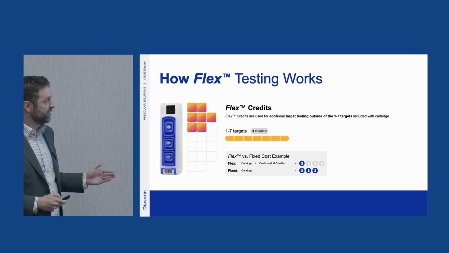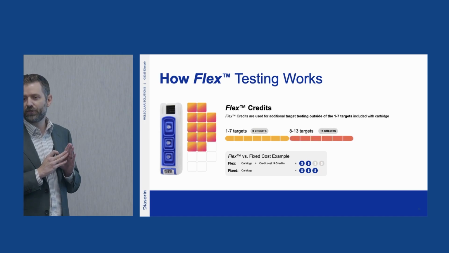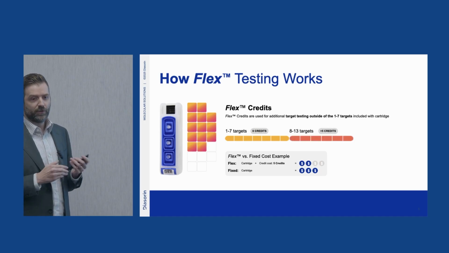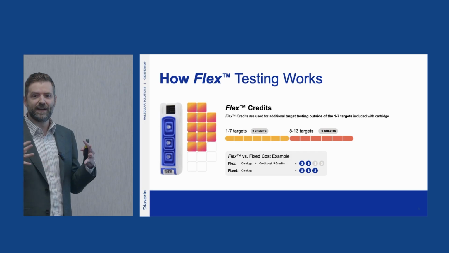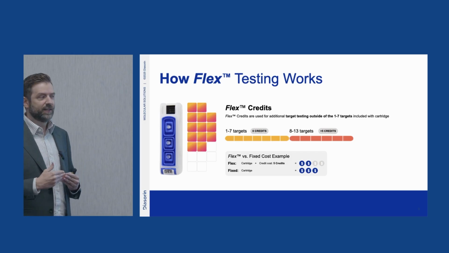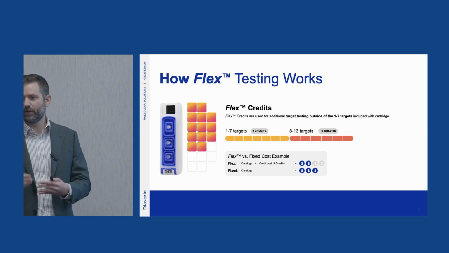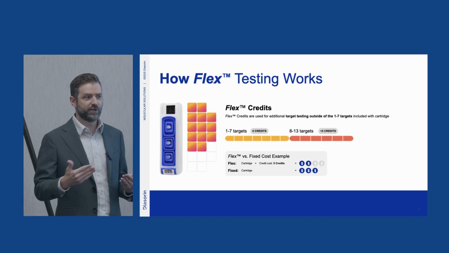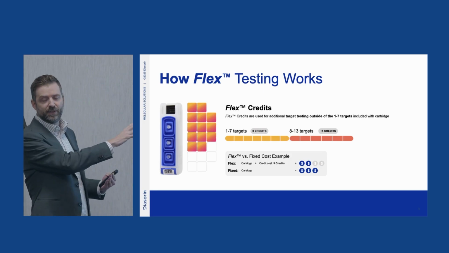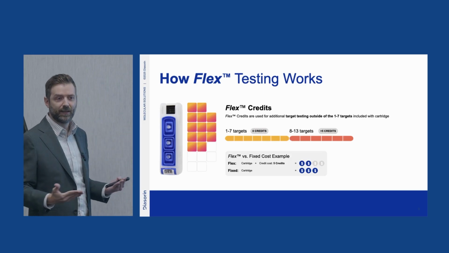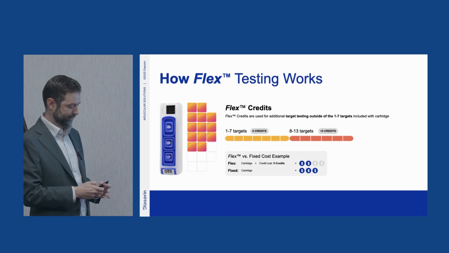If you were to go beyond 1 to 7 targets, that next tier of targets would be 8 to 13 targets. So again, whether you're running 8 targets or 13 targets, you are in that next tier, and that is going to take 5 flex credits from the system. Again, these flex credits are just a separate part number that you're purchasing, loading onto the system, and it will automatically deduct those credits as needed, depending on how many targets are run on that particular test.